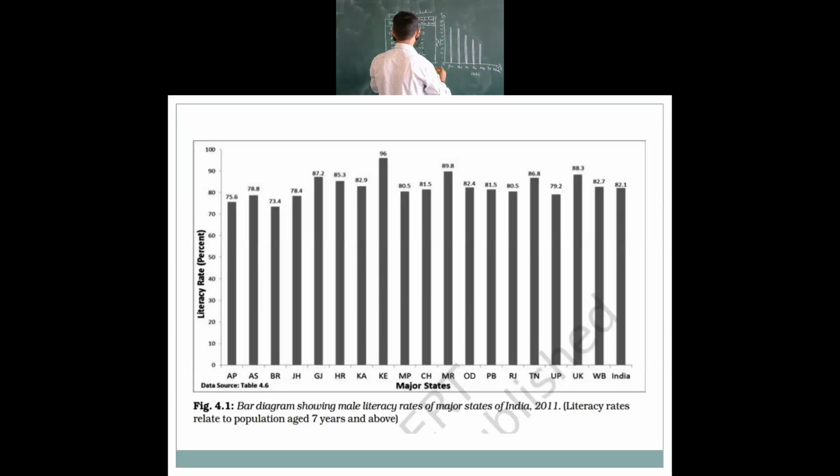Done. Then 12, Tamil Nadu. 12 means somewhere here. Then one more, 5, is just a small part, Kerala. If you see, it is very less present over there.